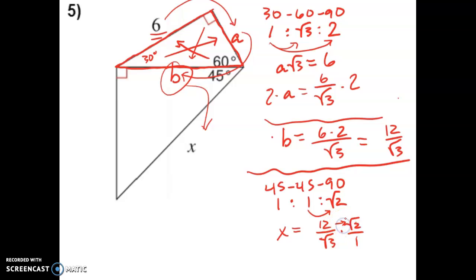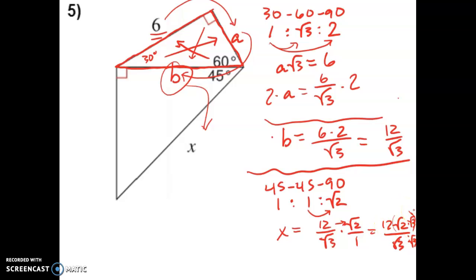Here's where I multiply across. So I get 12 root 2 over root 3. And now I got to rationalize. So multiply by root 3 on the top, and root 3 on the bottom. And I can combine these two up top here.